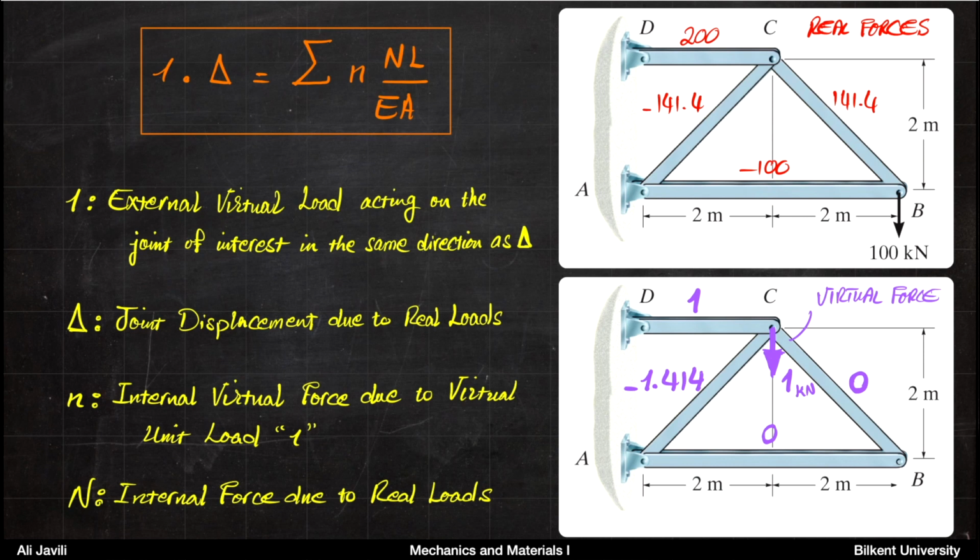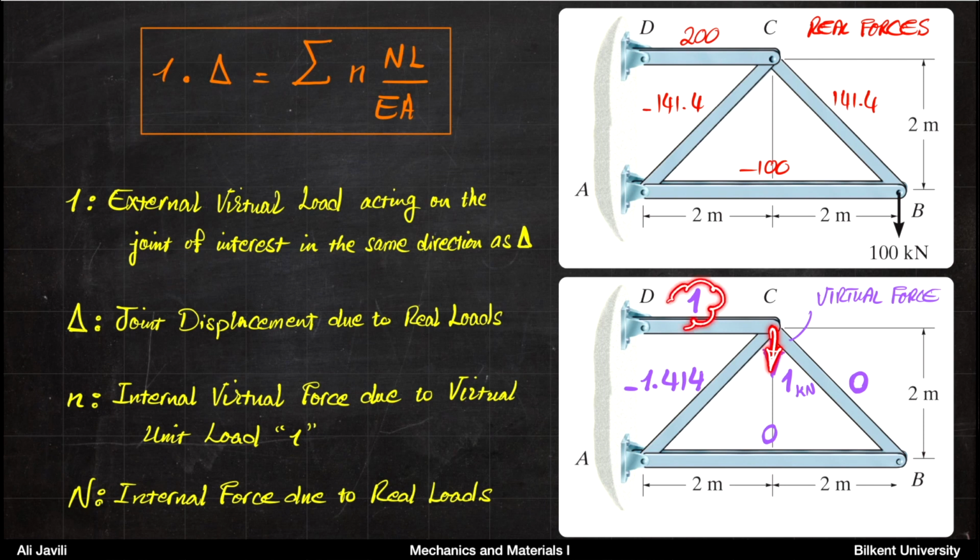Then you apply a virtual force of 1 at point C in the same direction that you want. In this case, it's downwards. You apply this virtual force, and then for that virtual force, you calculate the internal virtual forces.